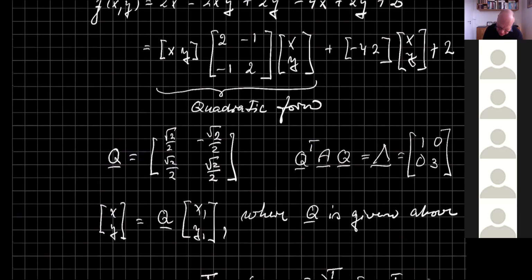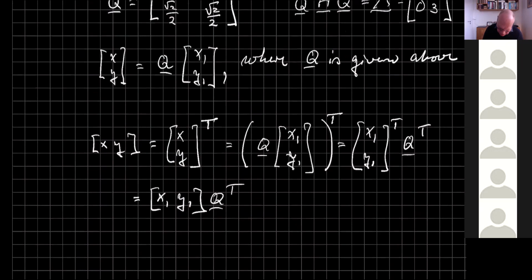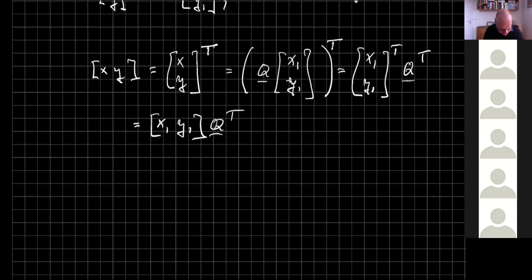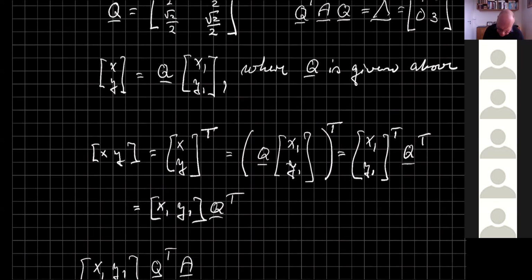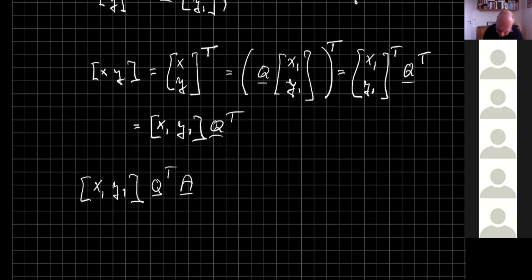You have it here, and so you write that it will be x1, y1, times Q transpose, and then you have your A matrix, and then you have Q times x1, y1.